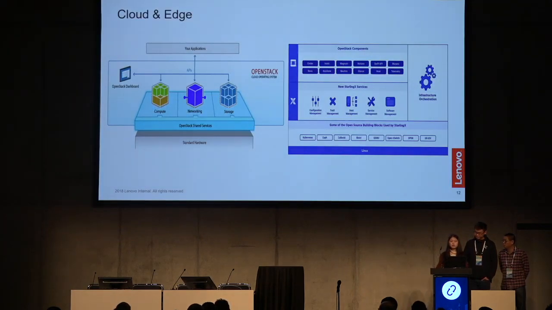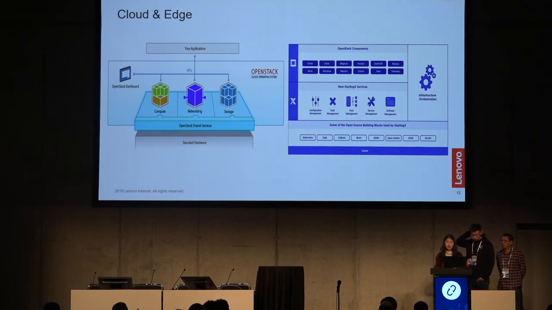In the video scenario, we suggest processing the video at the edge, then sending the result to the data center. So we use OpenStack in the data center, and on the edge side, we utilize the StarlingX project because it is a very scalable and development-ready edge solution. It provides fault management, host management, service management, and so on. And that's what we need.